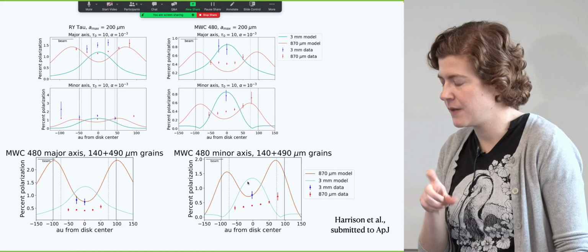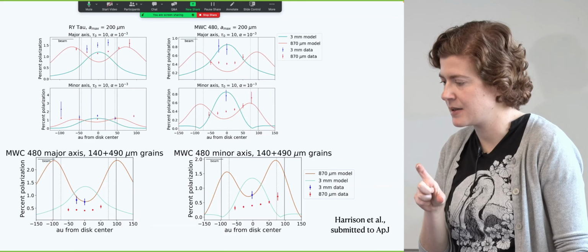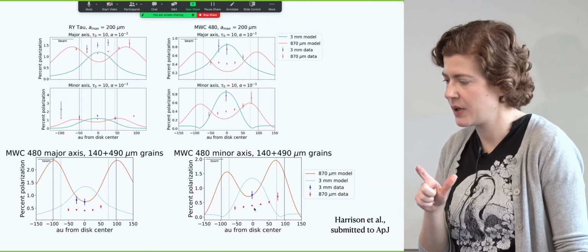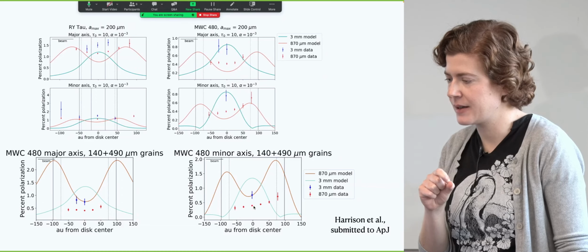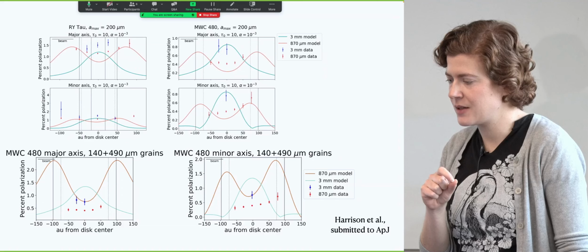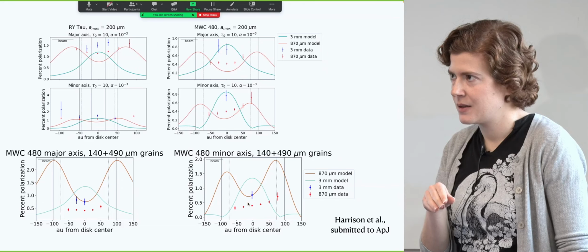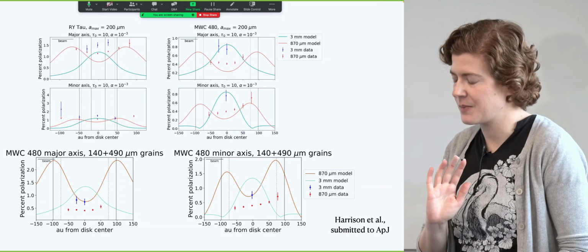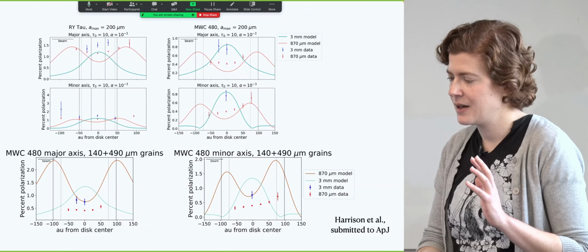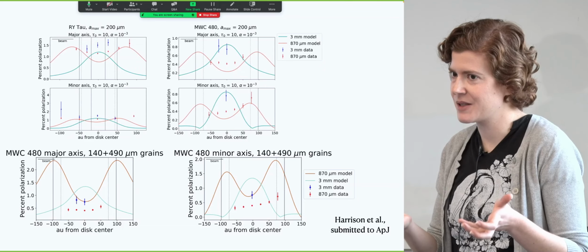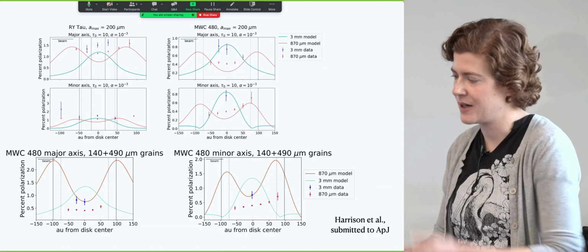So if you tuned the grain size and/or optical depth, I think you could match these polarization fractions more exactly. The reason we didn't do that, at least in this paper, is that there's a degeneracy between the effects of optical depth and dust grain size. So basically, you can turn either knob and get the same results, at least within the constraints of these data.